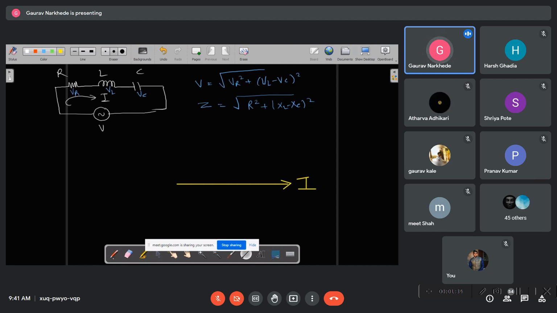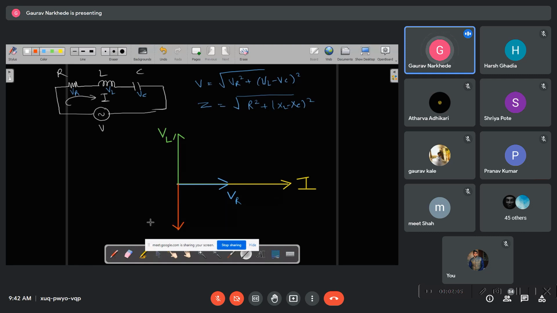If this is your current, then the voltage drop across R will be in phase, so let us say this is VR. The voltage in the inductor, VL, leads the current by 90 degrees, and the voltage across the capacitor, VC, lags the current by 90 degrees.